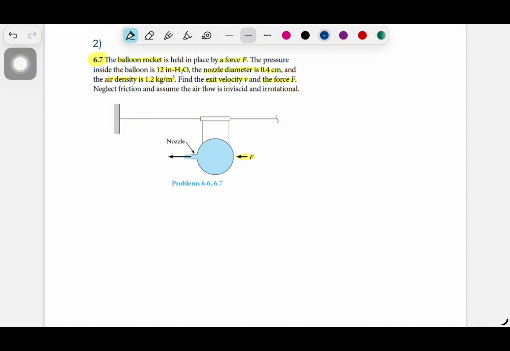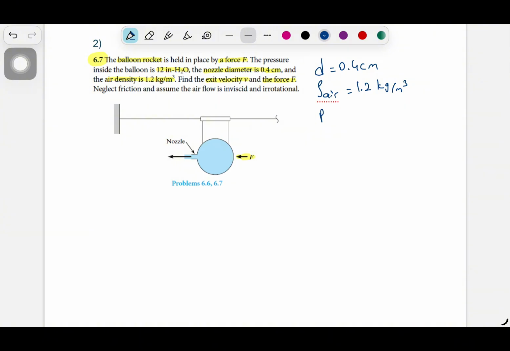So let me first write what we have. We have diameter as 0.4 centimeter. We have density of air as 1.2 kilogram per cubic meter. And the pressure inside the balloon.